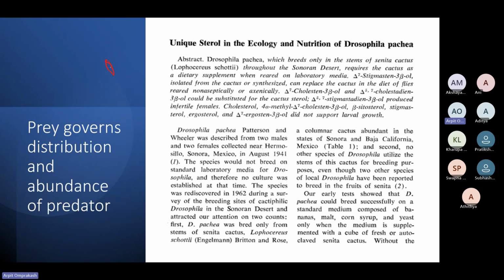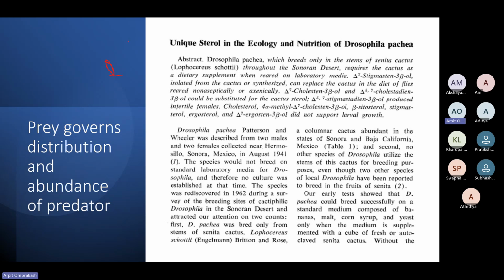Because the fly is dependent on the cactus, the presence of the cactus will govern it, because the fruit fly needs this cactus to complete its reproductive cycle. So the presence of this cactus determines if the Drosophila will be found there or not.